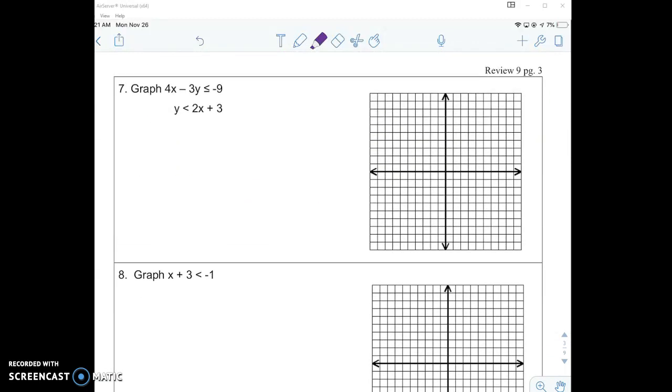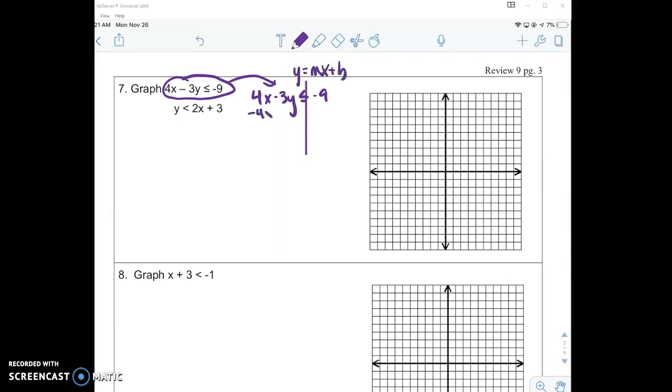Okay, moving on to number 7. Graph 4x minus 3y is less than or equal to negative 9, and y is less than 2x plus 3. Starting with this first equation, this is in standard form. So I have 4x minus 3y is less than or equal to negative 9. I'm going to get this into y equals mx plus b format.